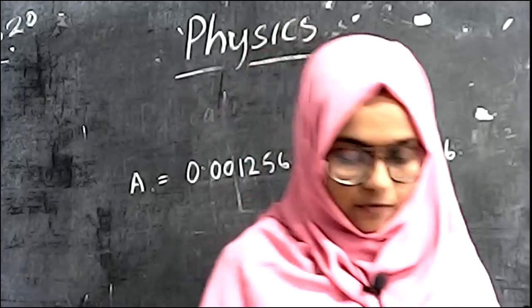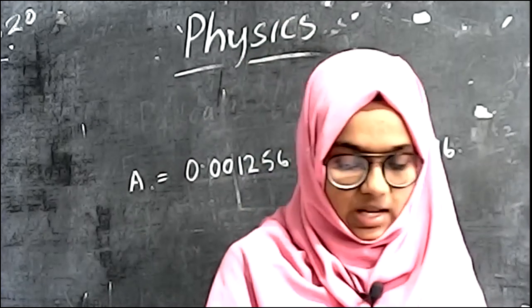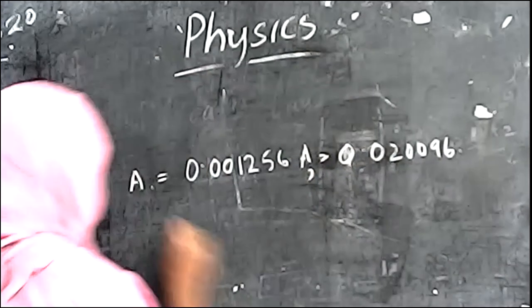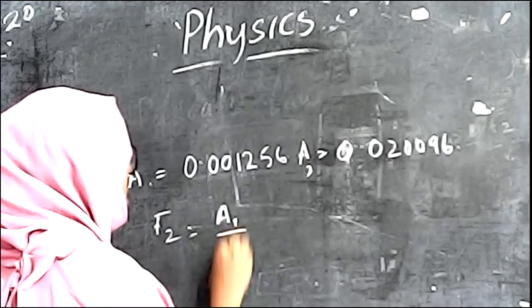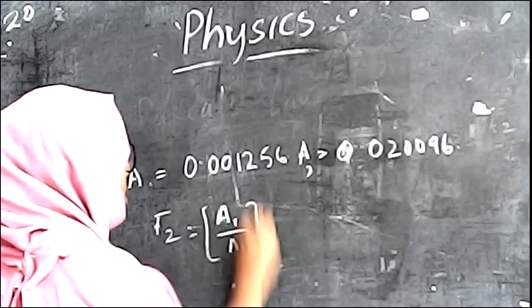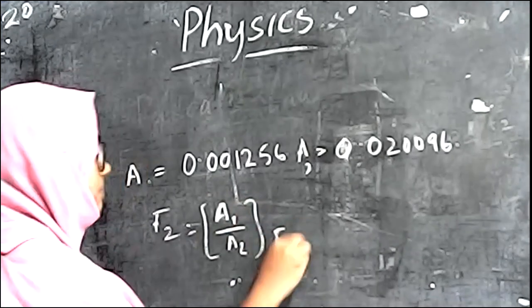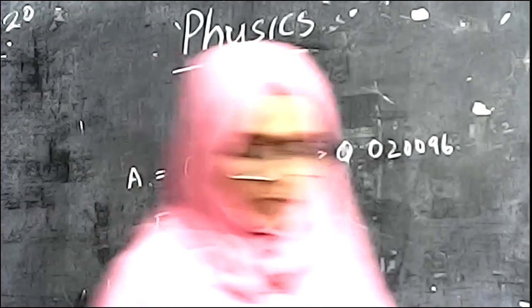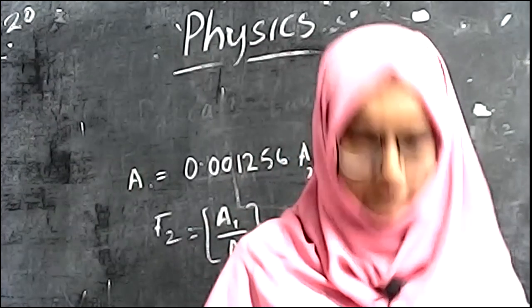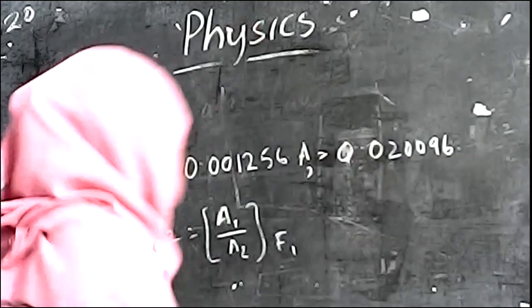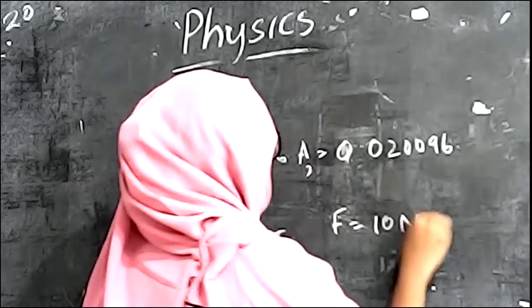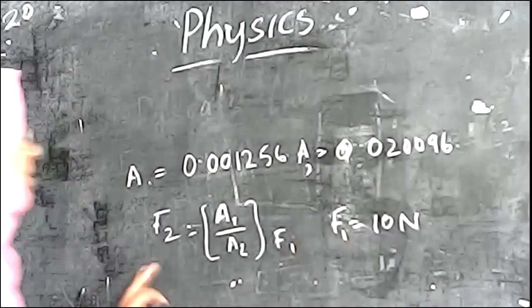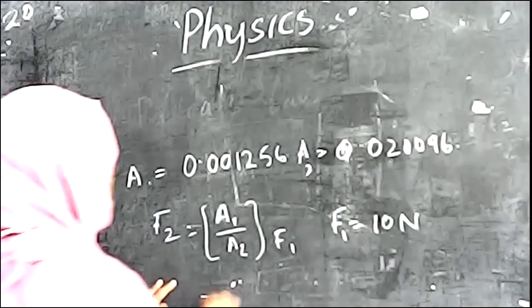When we want to find the force experienced F2, that F2 is equal to A1 by A2 into F1. Here the force applied F1 is 10 Newton.